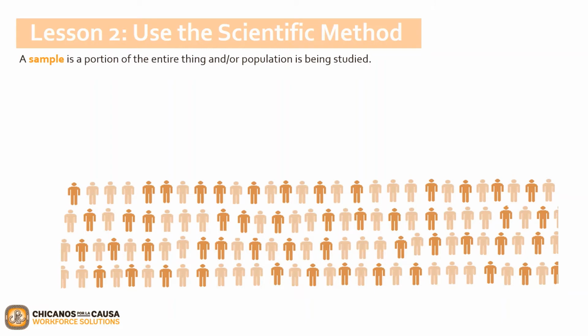When selecting samples from a thing and/or a population, it is important to ensure that the sample is representative of the population and/or thing being discussed. An unrepresentative sample introduces bias into the results of the study.